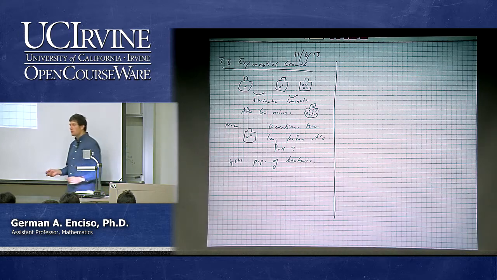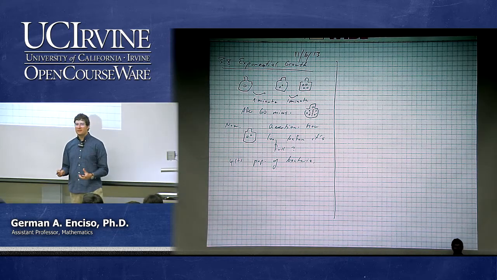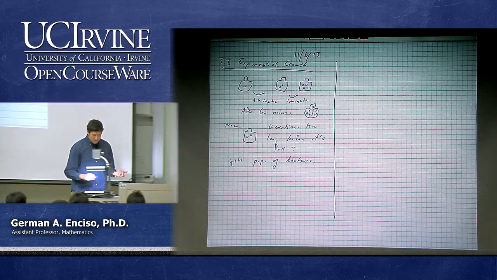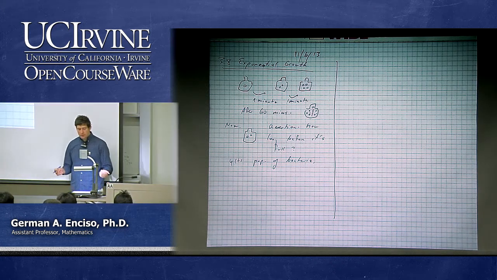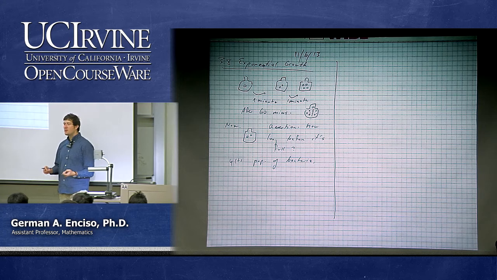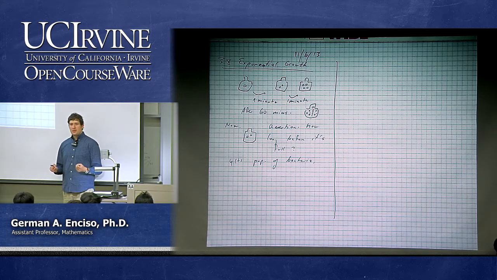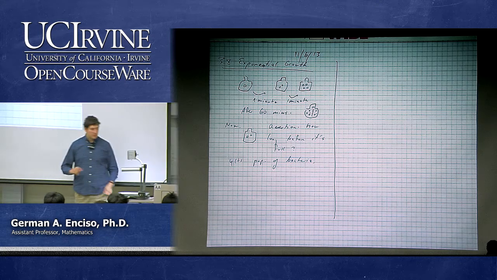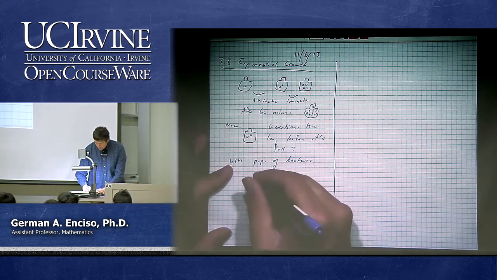Well, let's try and distill it together. What kind of idea could we use to describe the growth of bacteria? And the idea is something about the rate of growth. Okay? The rate of growth of bacteria.